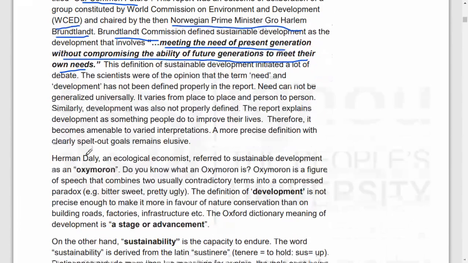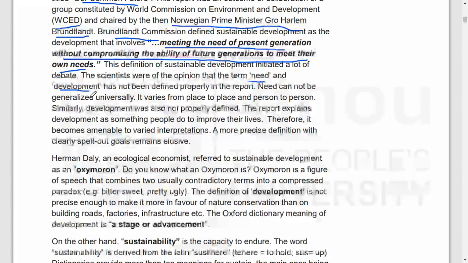This definition of sustainable development initiated a lot of debate. The scientists were of the opinion that the terms need and development have not been defined properly in the report. Need cannot be generalized universally. It varies from place to place and person to person.